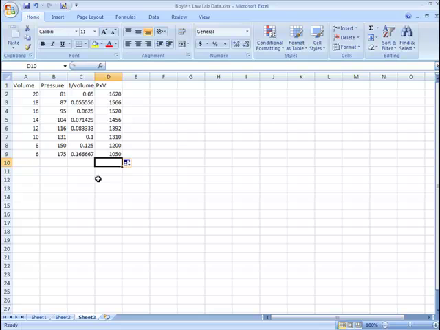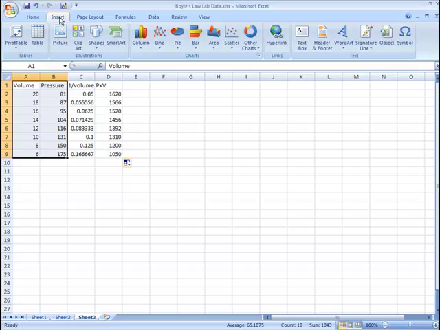Now, the thing about this data is it says graph 1 is to graph pressure versus volume. So what I'm going to do is highlight these two. If I'm lucky, it will graph exactly what I want. If I'm unlucky, I'll have to switch the two columns. So if you have this version of Excel, you go Insert, Column, Line, Pie, Bar, Area, Scatter, Other Charts.